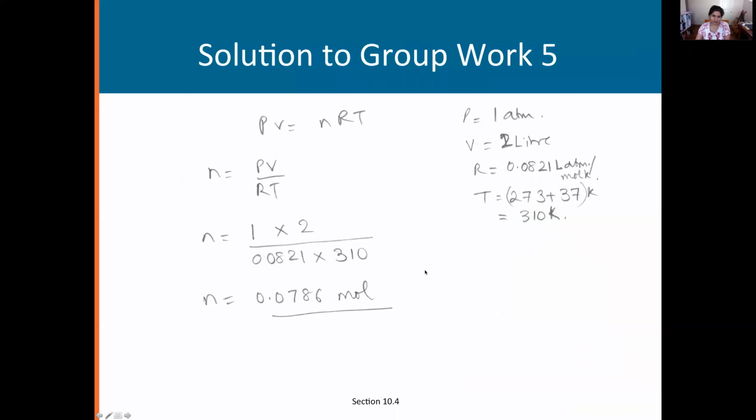So you should get 0.0786 moles. If you want the exact number of particles, you're going to multiply this number by Avogadro's number. So it's still going to be a very large number, something like 10 to the power 22 or 21 you're going to get.